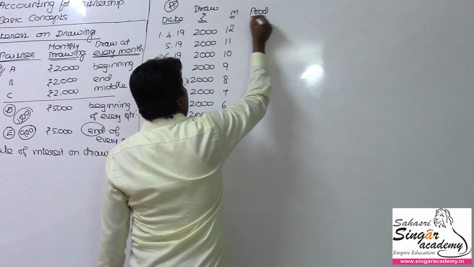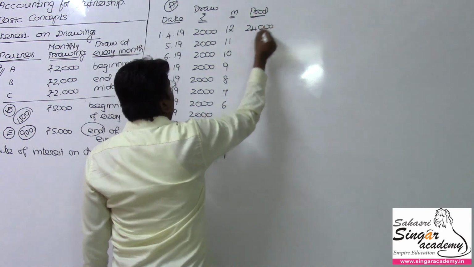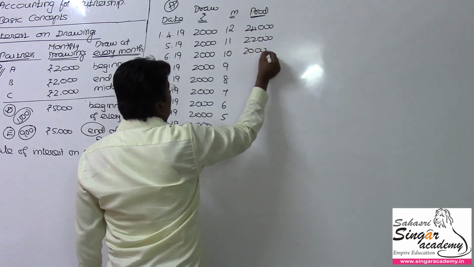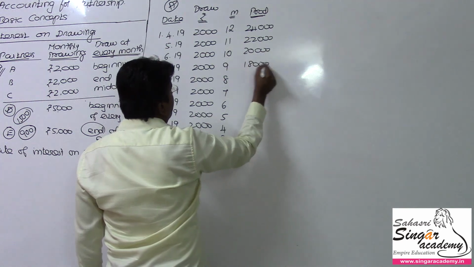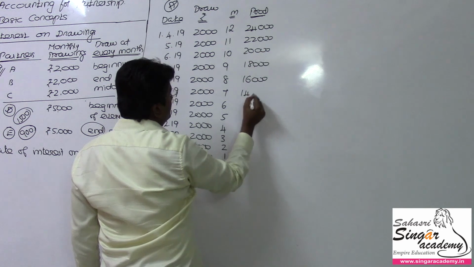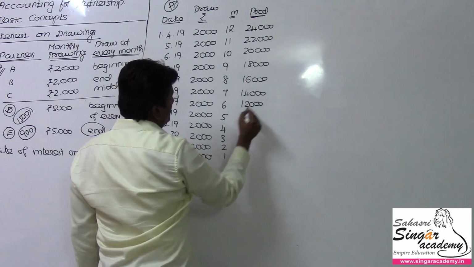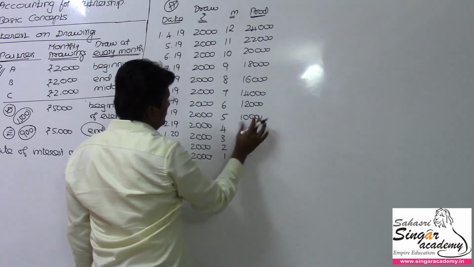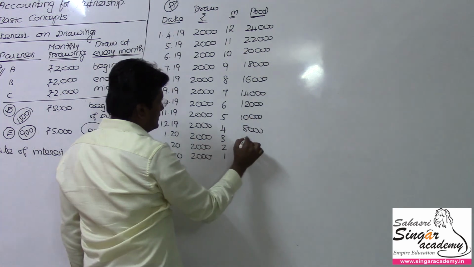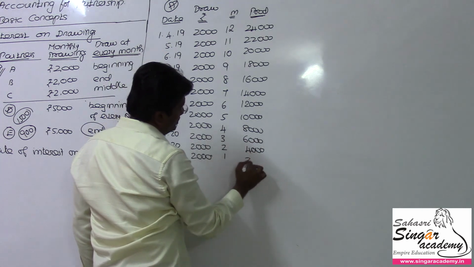So multiply: 2000 into 12, 24,000, and 22,000 and 20,000, 18,000 and 16,000, 14,000 and 12,000, 10,000, 8,000, 6,000, 4,000 and 2,000.